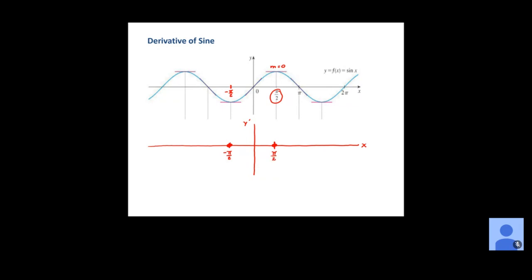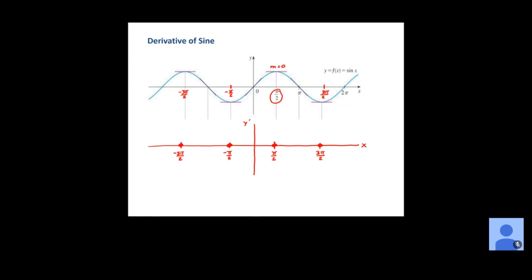Okay. Where else? 3 pi over 2, right? So this point right here would be 3 pi over 2. And so if I follow this down now, 3 pi over 2 should have a value of 0. Okay, and then the last point would be down here at negative 3 pi over 2. That has a horizontal tangent. Its derivative should be 0 there.